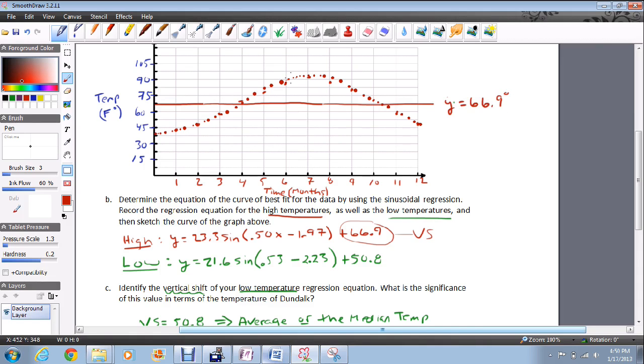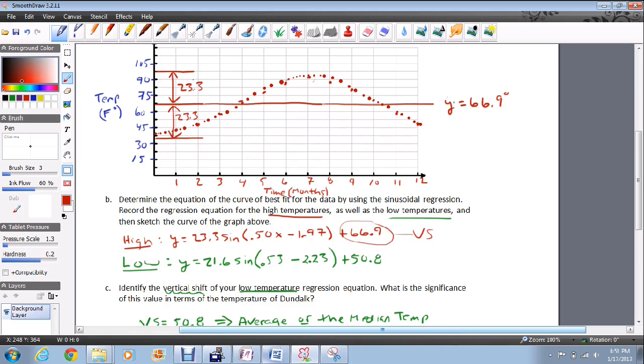Okay. The amplitude is just the height. So just draw on some lines here. This distance right here is about 23.3. Same thing with this distance down here. It's also about 23.3. So the amplitude on the graph basically is half the range.